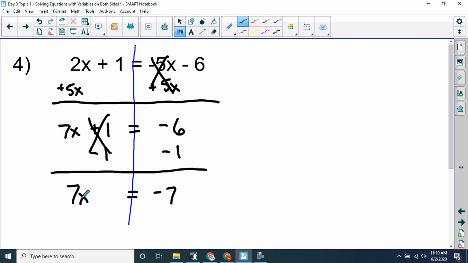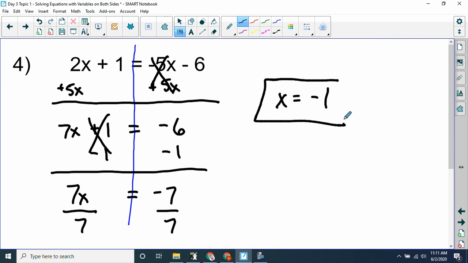I've got 7 times x. I undo multiplication by dividing. Seven divided by 7 is 1. Negative divided by positive. X equals negative 1.